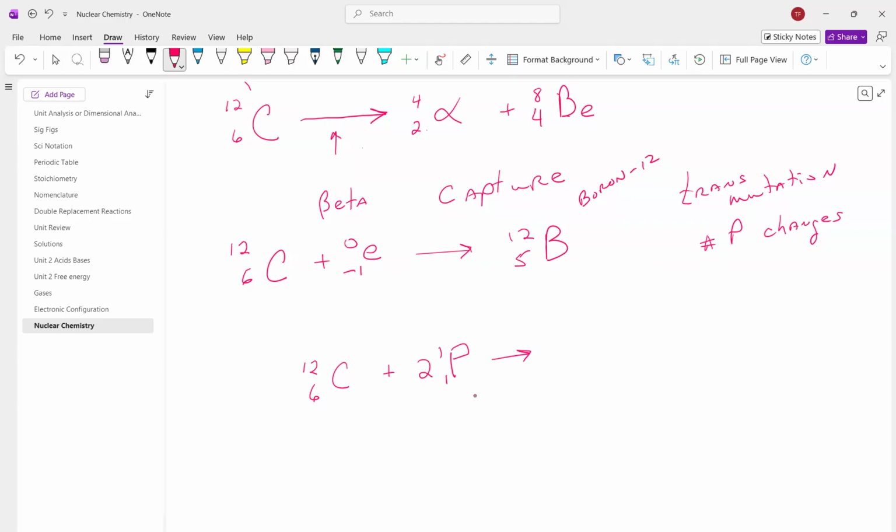So in this case, we have 12 plus 2 times 1 is 2, is 14. 6 plus 2 times 1 is 2, excuse me, is 8, which is oxygen. So if carbon captures 2 protons, it becomes oxygen. In this case, oxygen-14.